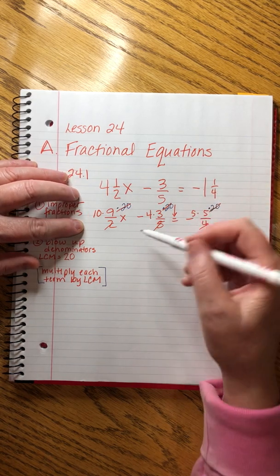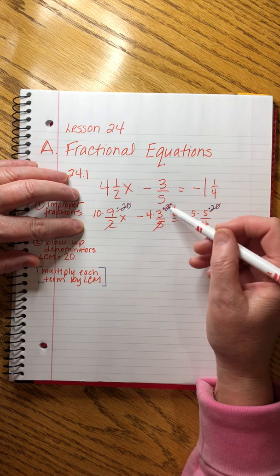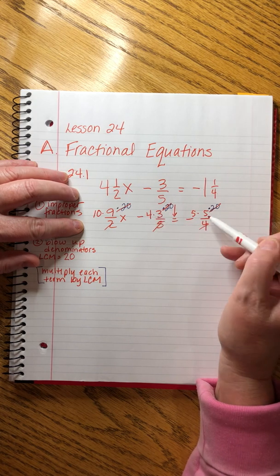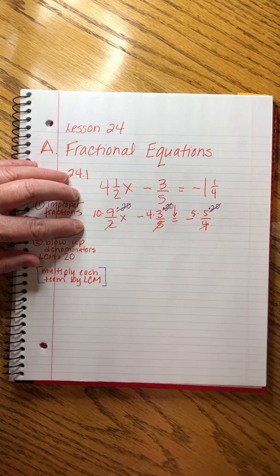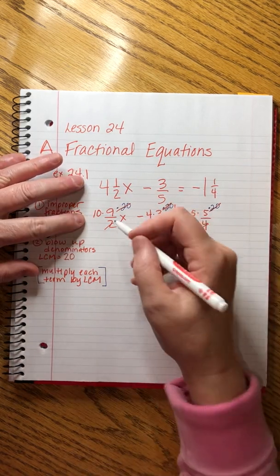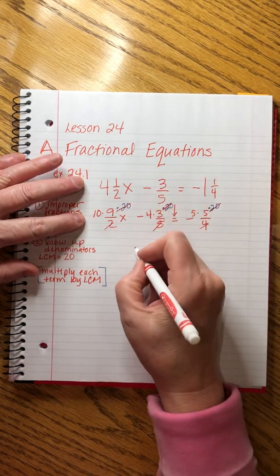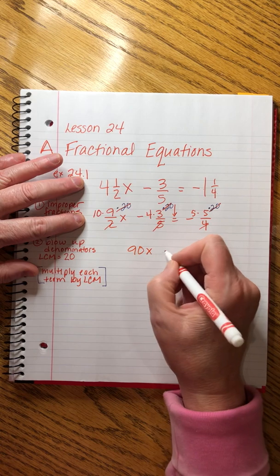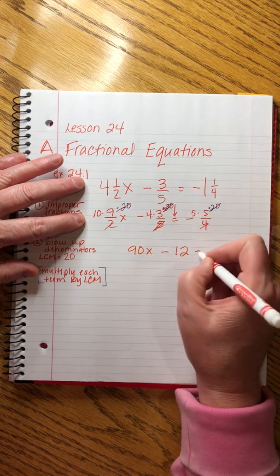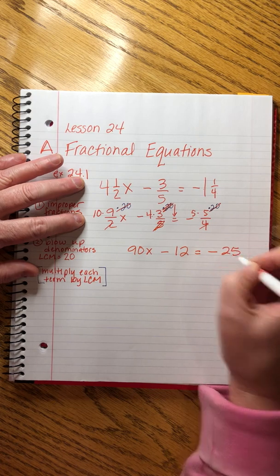All right, so I'm canceling against the LCM, and whatever remains up top, that's what I'm going to have to multiply that number by in the next step. You could do it in one step, but I'm trying to help you see it all. All right, so now those are gone, and we have 90x minus 12 equals minus 25.